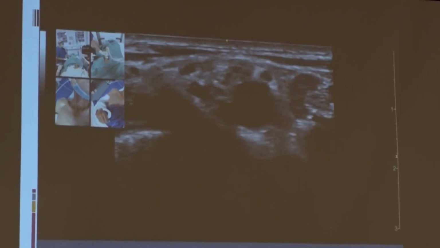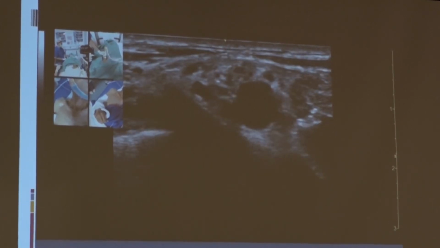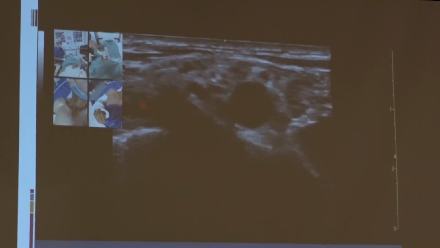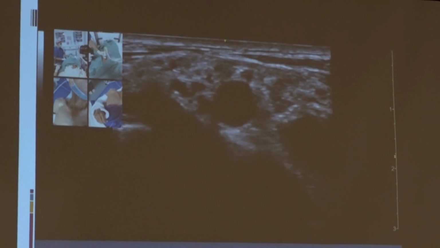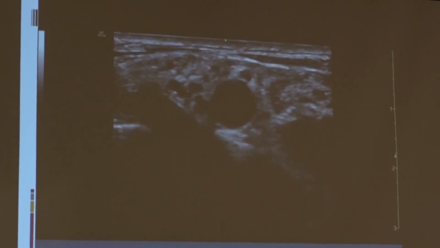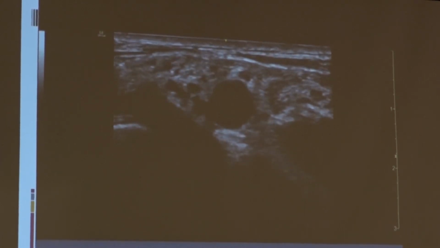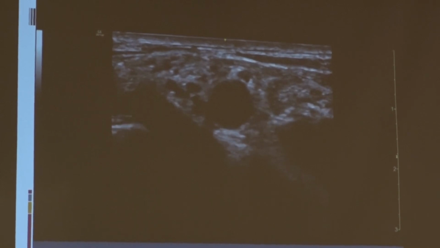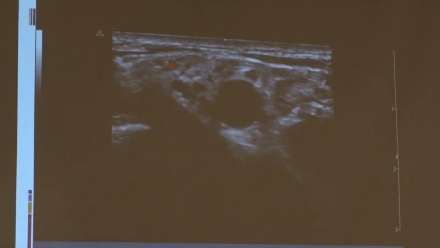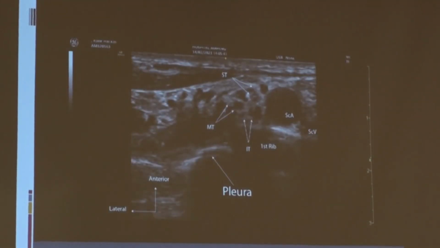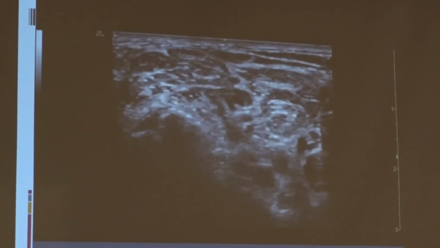Okay, I performed this SATB on this patient for distal humerus surgery. If you can notice here, it was a little bit challenging because of the sloping supraclavicular fossa. So step one, at the supraclavicular fossa, I identify the brachial plexus and the subclavian artery, which is lateral to it.